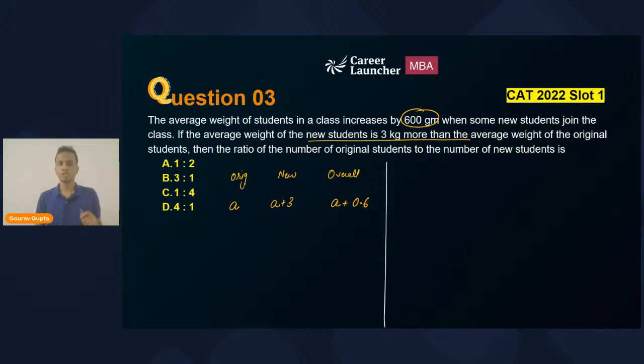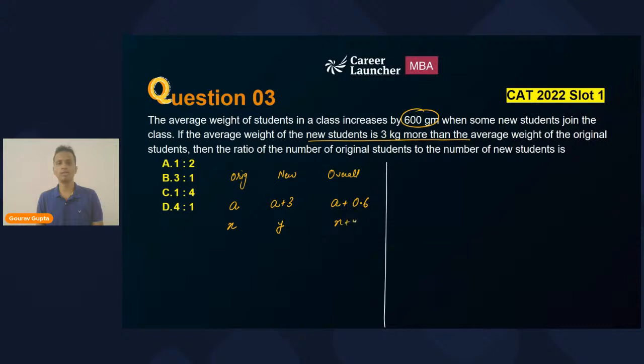So A is the original average. A plus 3 is the average of the new set of students who have joined. And because of it, the overall average has become A plus 0.6. Now let's say X is the original number of students, Y is the new number of students.